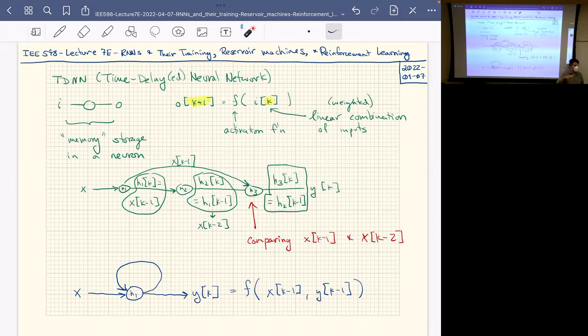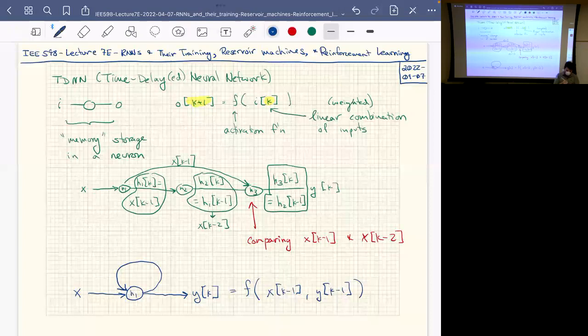You might get weird oscillations and things like that. And that's what happens with a lot of these recurrent neural networks: the outputs can be unpredictable from the inputs if you're not careful in how you design them. But this is what I'm going to call a basic recurrent neural network.